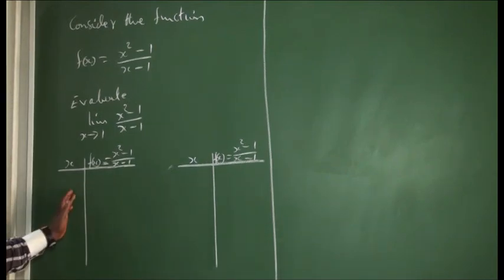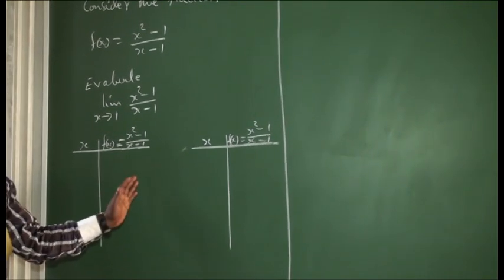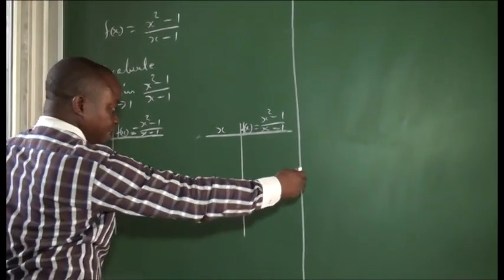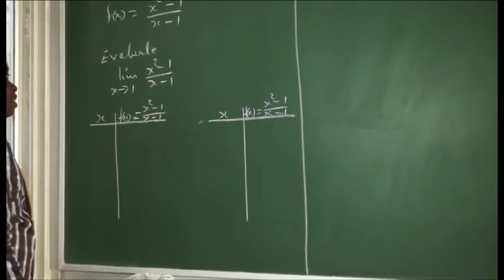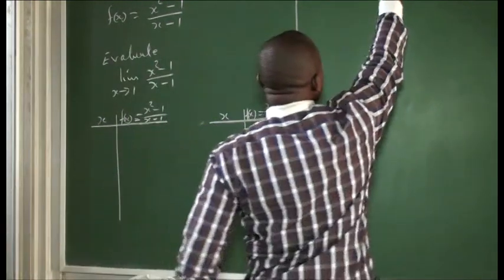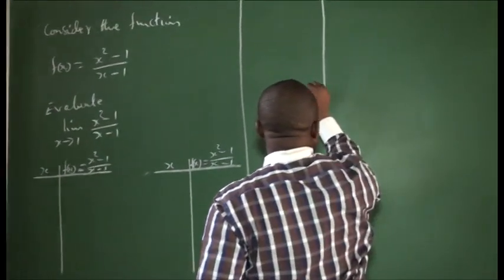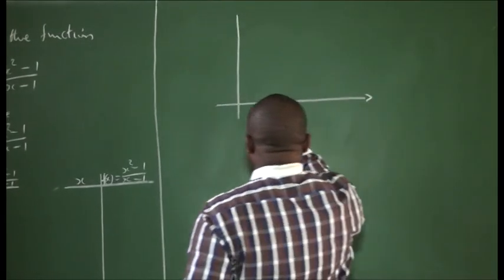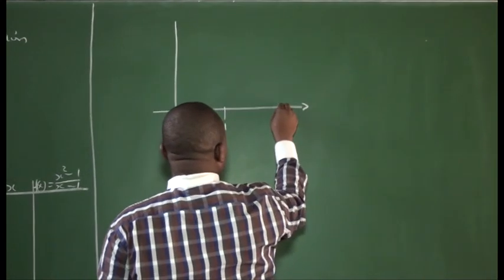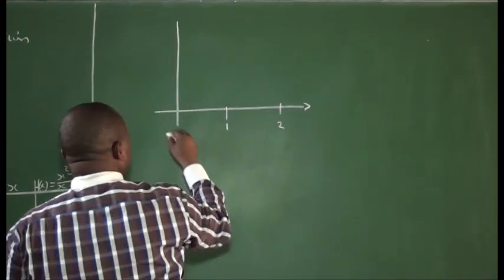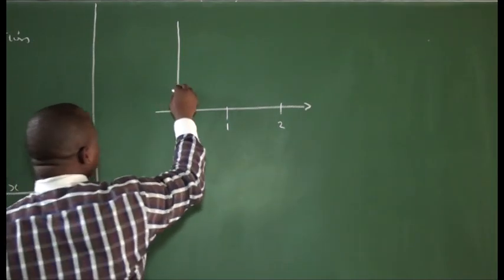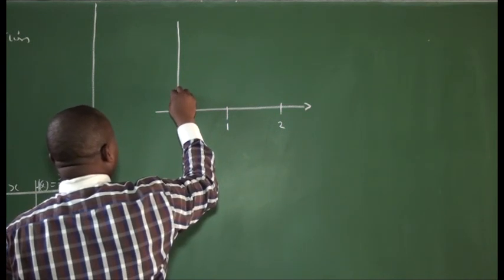We use the first table when x approaches 1 from the left, and this table will give us the values when x approaches 1 from the right. We'll also use the Cartesian plane to see the picture. This is 1, this is 1, this is 2, and we'll have something like this.